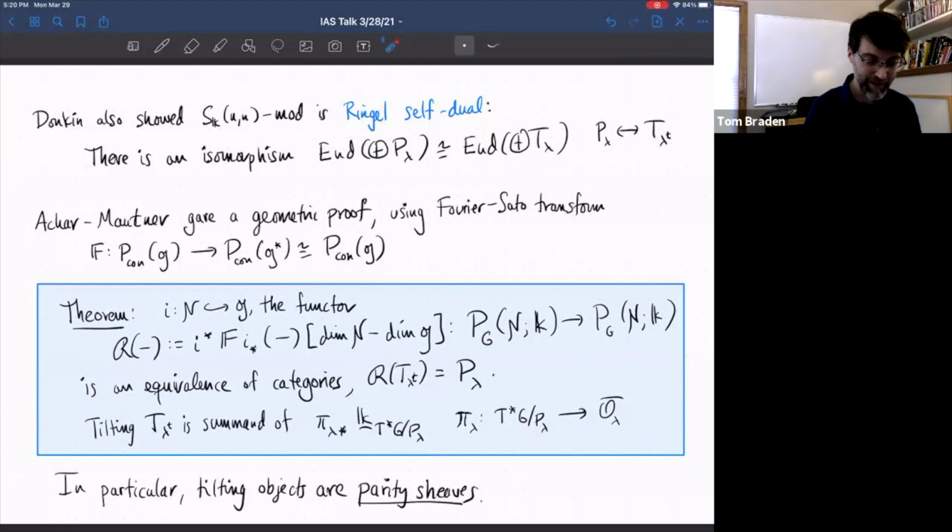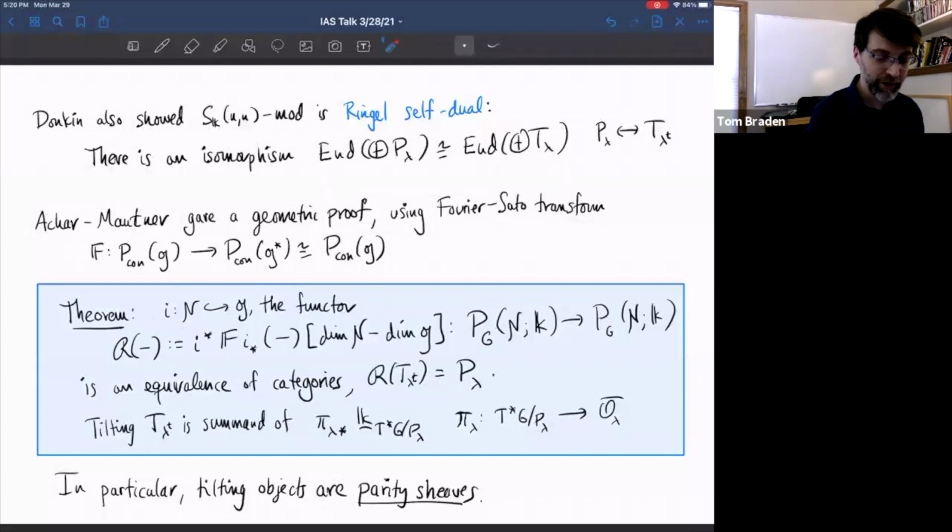At the bottom of the slide, I say what the tilting objects are, and they're topologically very simple. Whereas projective perverse sheaves, you can construct them algorithmically, but actually understanding what the fibers are and how they're put together as a perverse sheaf is typically very, very difficult.